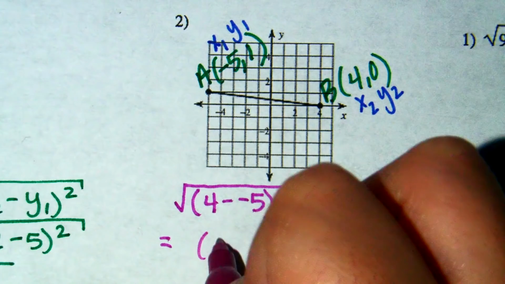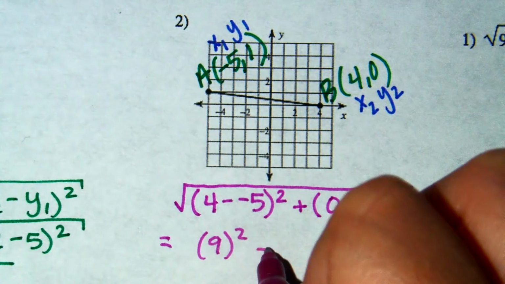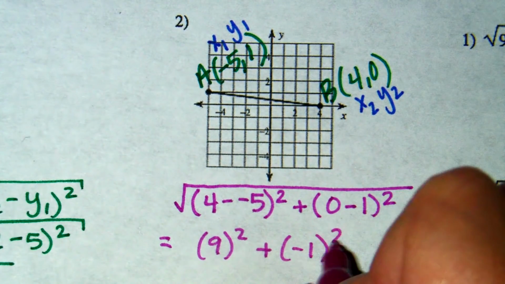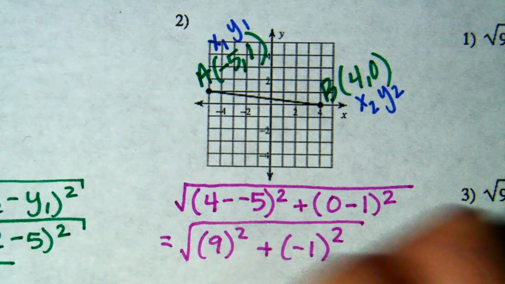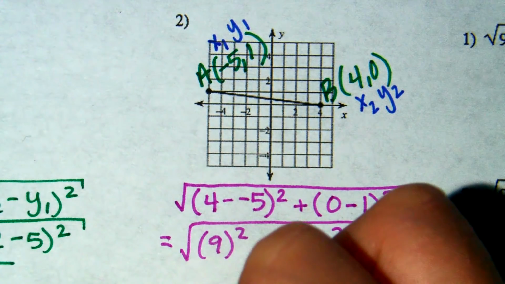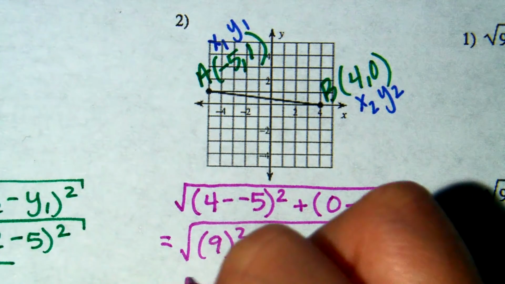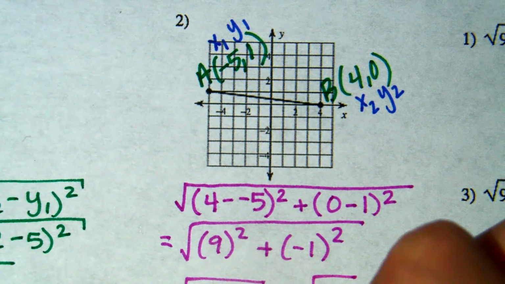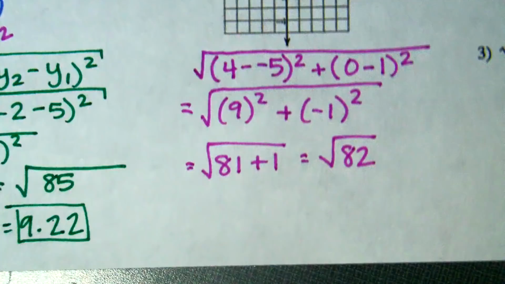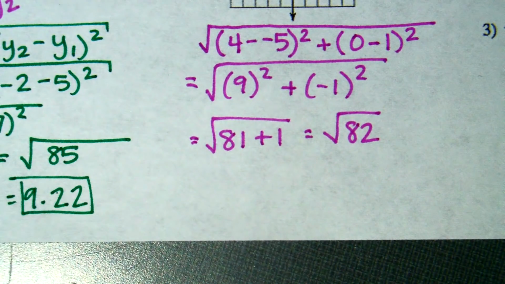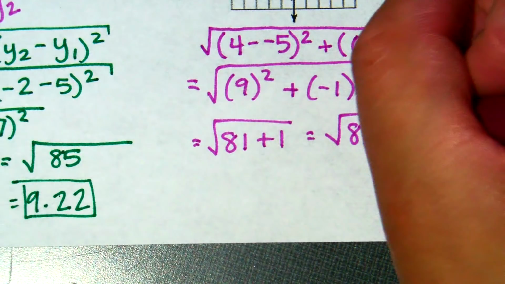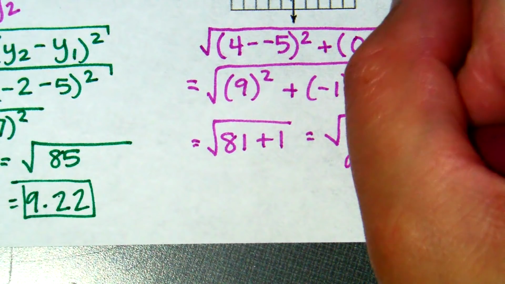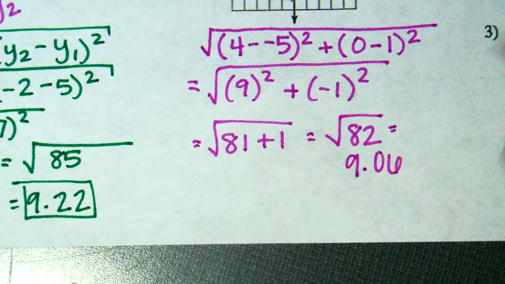I have 9 squared plus negative 1 squared under our square root. 81 plus 1, the square root of 82, which is 9.06.